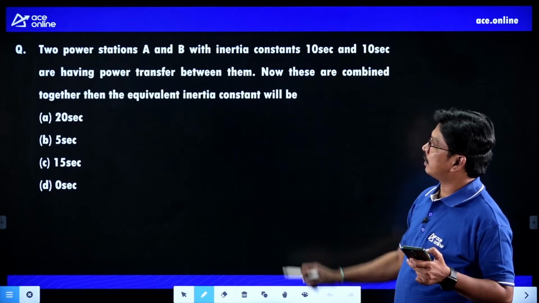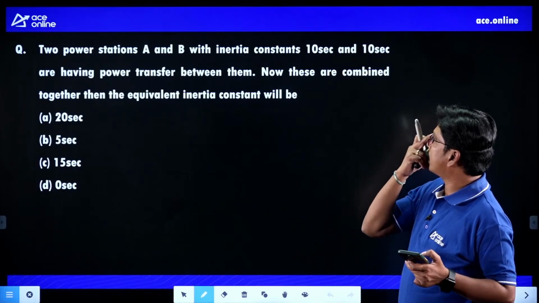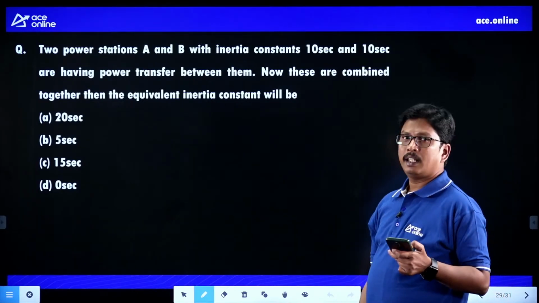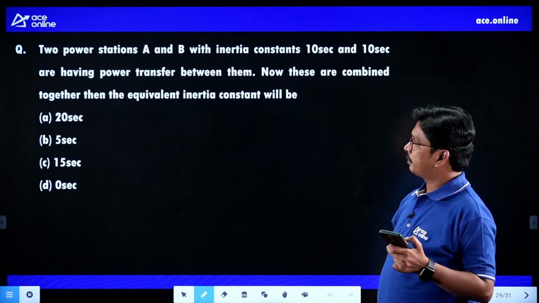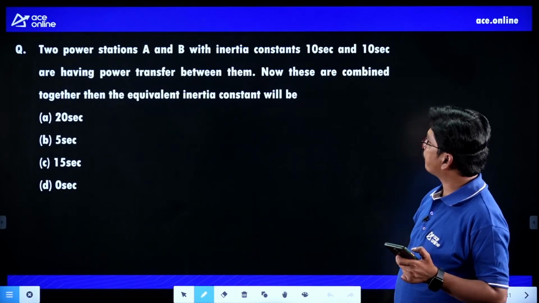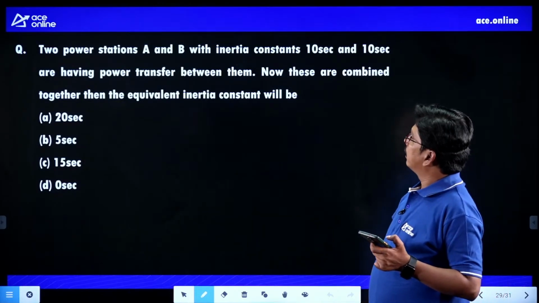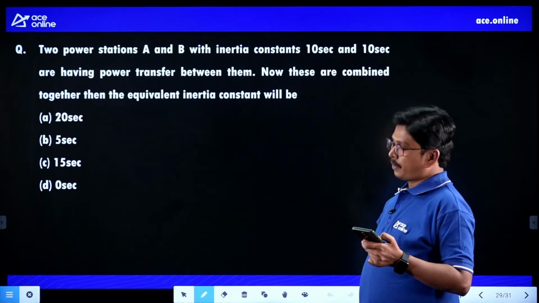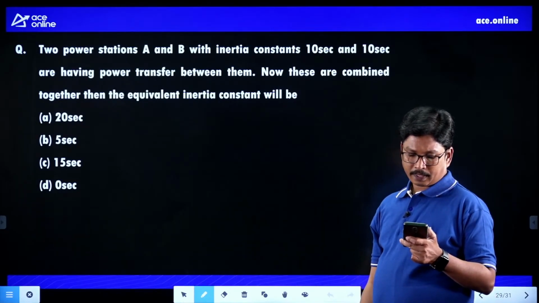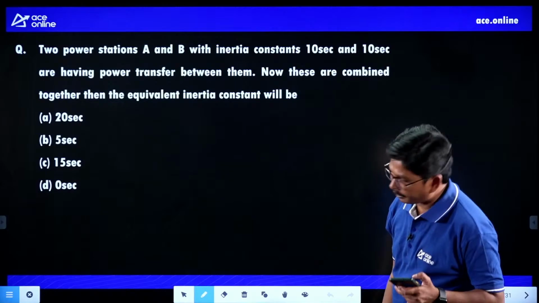Dilip Satya has given 15. The equivalent inertia constant will be option B, 5 seconds.